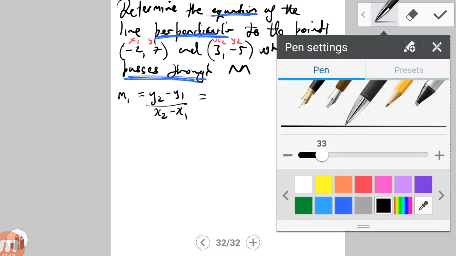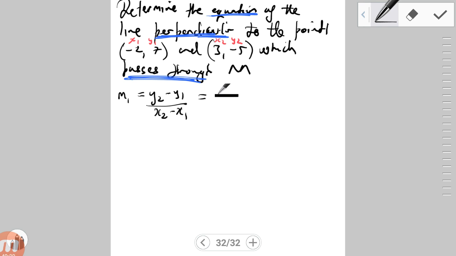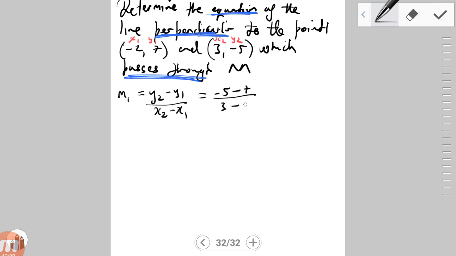So y2 here works out to be -5 minus y1 here works to be 7 over x2 here works out to be 3. Take away x1 here is -2. So we end up with here -12 over 5. Negative times negative is positive. 3 plus 2 is 5. So our gradient here is negative 12 fifths.